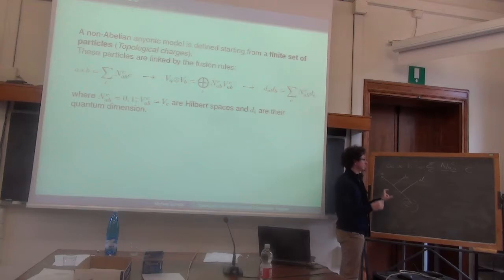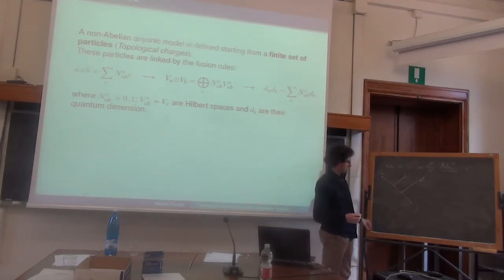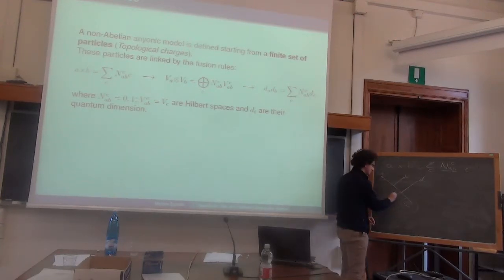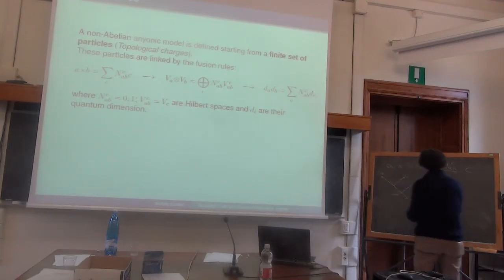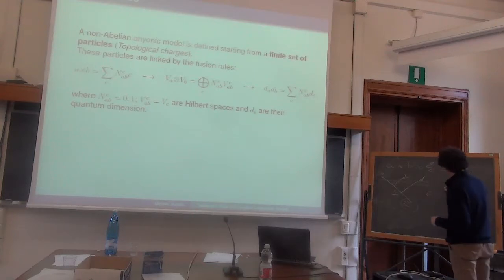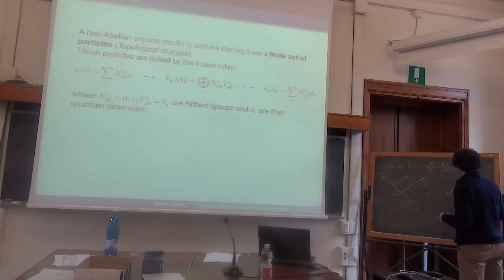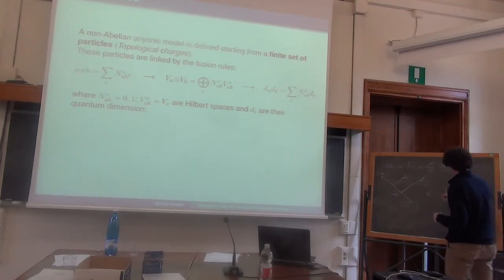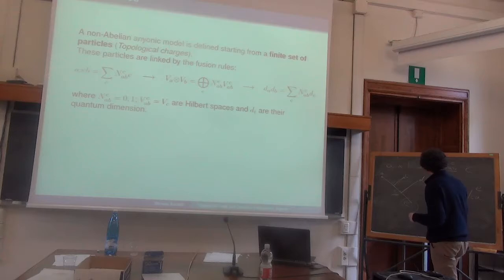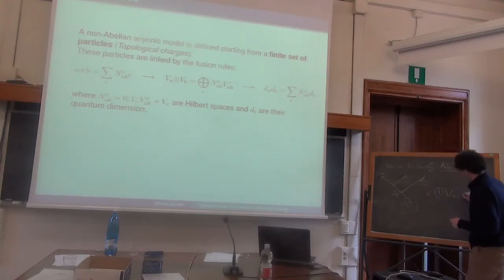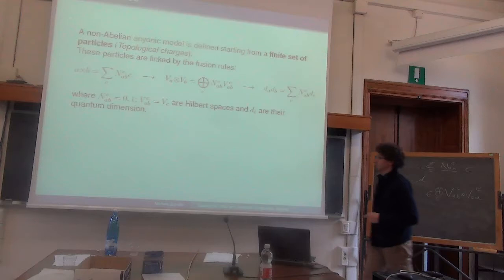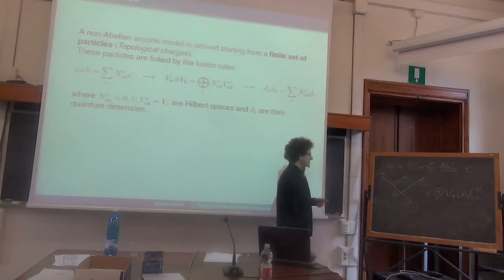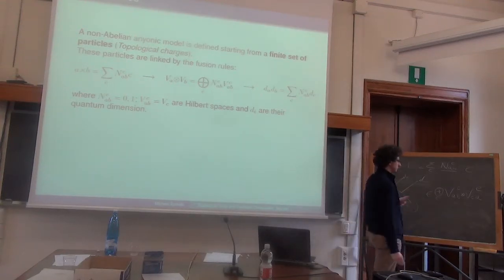So essentially, to describe all the possible states, I have to consider this label C. And we see that this state lives essentially in a space which is given by A and B fusing in C, and then C and D fusing in E, a direct sum over C of a tensor product. So I may ask what is the dimension of this space, and the dimension of this space is given by the matrices.